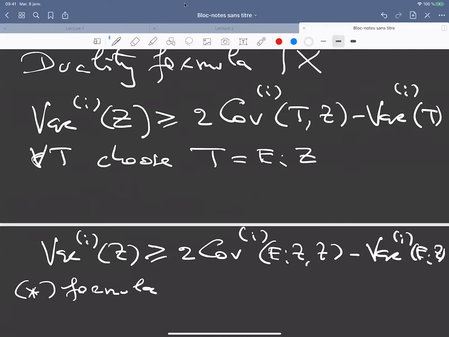The formula here, go back to this formula, you see that when you take the conditional expectation, you make the variance appear. So if you go back here, when you take the expectation on this term here, it becomes 2 times this one. And so this gives you 2 times this one minus this one. So it gives you 1 times the variance. And the proof is over.